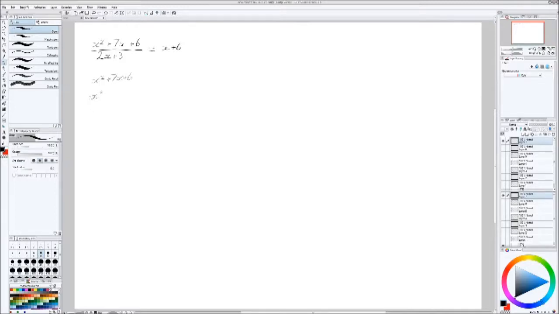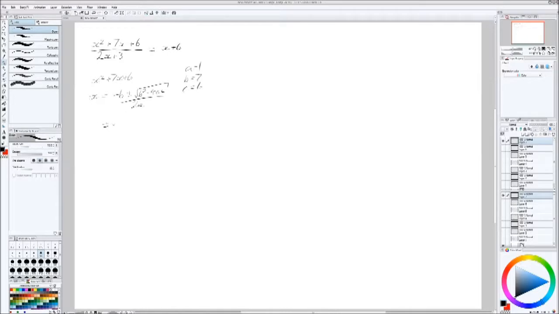So we have x equals negative b plus minus the square root of b squared minus 4ac all over 2a. And we've got a equals 1, b equals 7, and c equals 6.